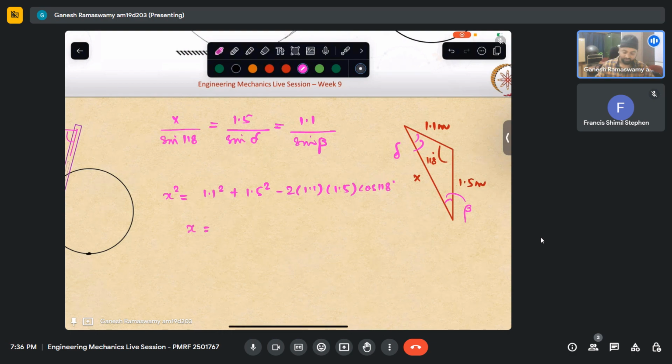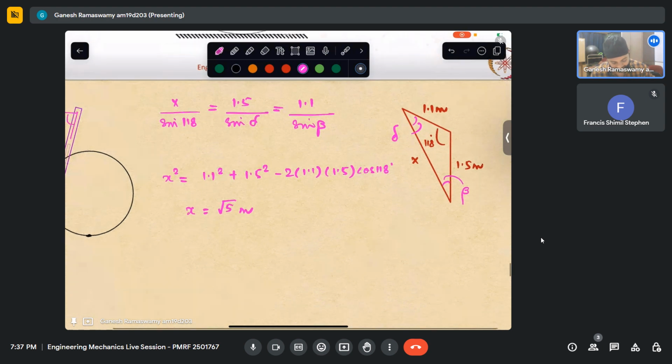So from here, what does x come out to be? Cos 118. So this comes out to be 5 and then x squared. So x is nearly equal to root 5. So for avoiding decimals, I'll just take this to be root 5.